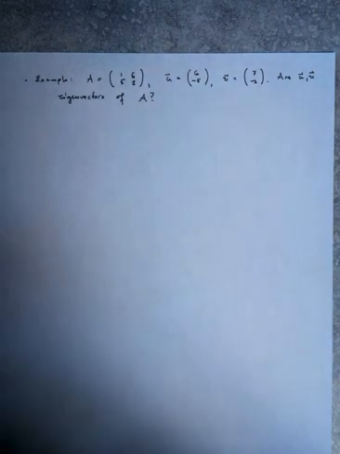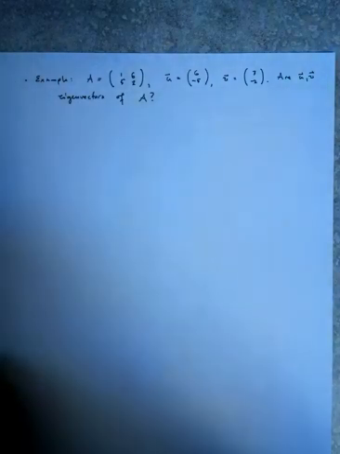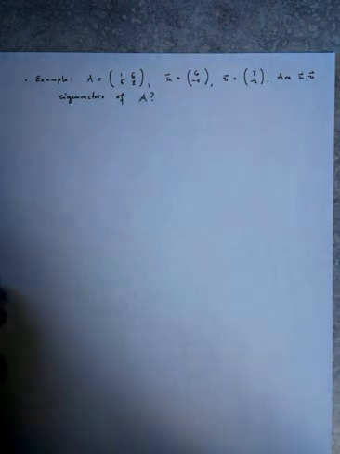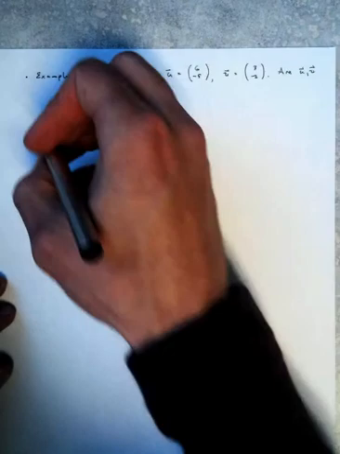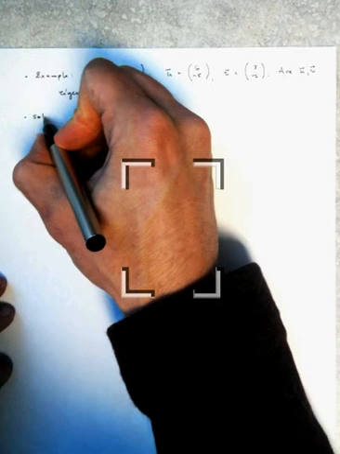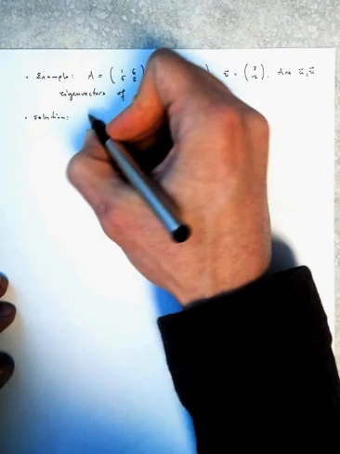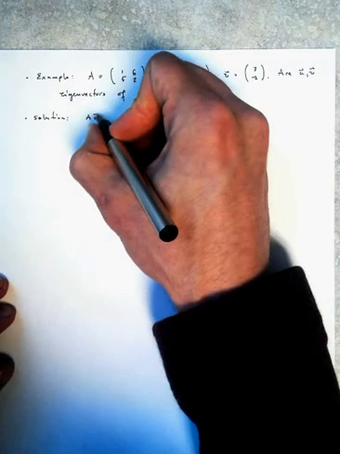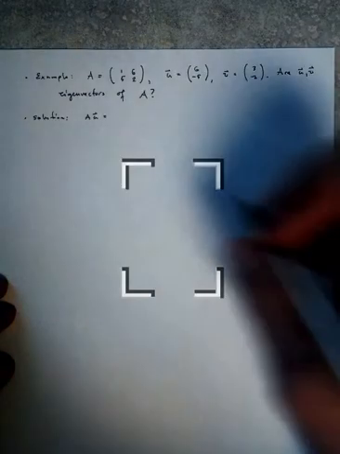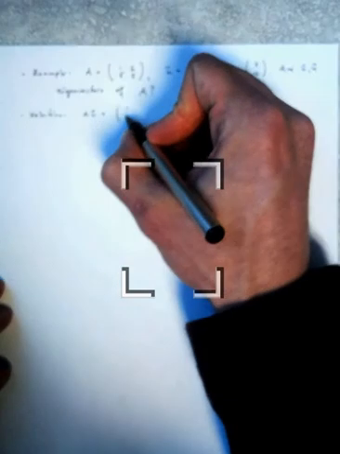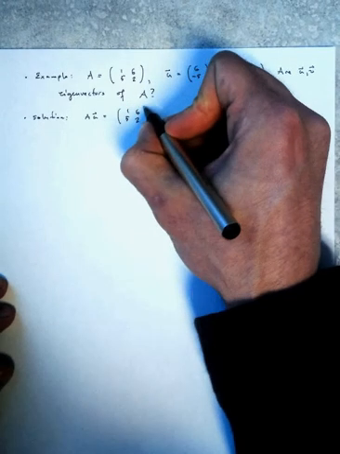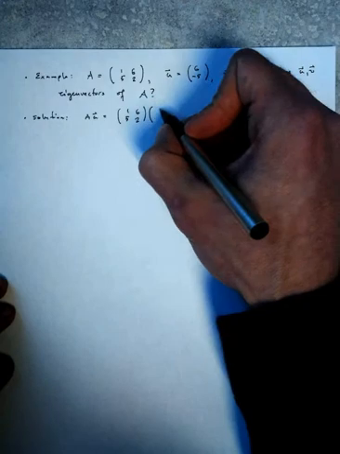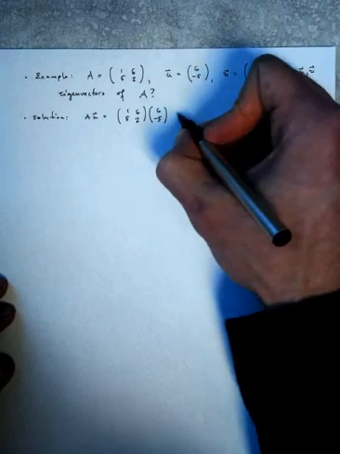In other words, does A just scale these vectors, or does it rotate them too? If it just scales, then they're eigenvectors. So let's check. Here's the solution. Just compute A of U. This is going to be 1, 5, 6, 2 times 6, negative 5.